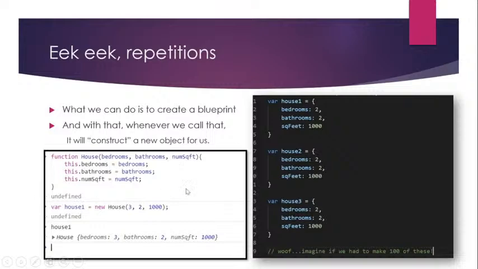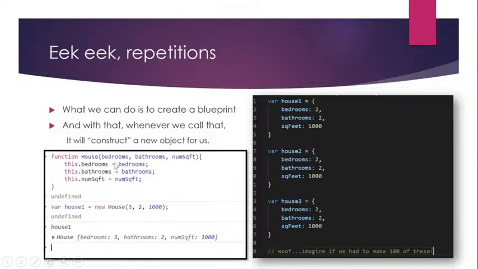So this is what that blueprint looks like. And you might be thinking that these properties here are exactly the same as these parameters, but it doesn't have anything to do with this. We just call these properties and these parameters the same because we want things to be known before.